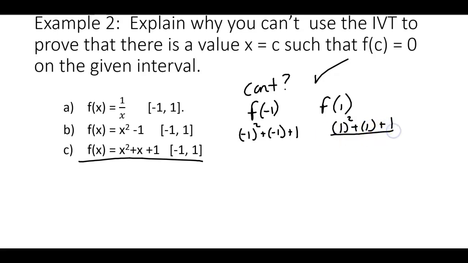Now this one comes out to be 3, and this one comes out to be 2 minus 1 is 1. So they're not equal, and that's good. We like that. They need to be different y values. Okay? So we've got a continuous function with two different y values, but there's one more thing we have to check. Not only does it have to be continuous, not only do the two y values have to be different, but one more thing. The k value has to be between the f of a and the f of b.